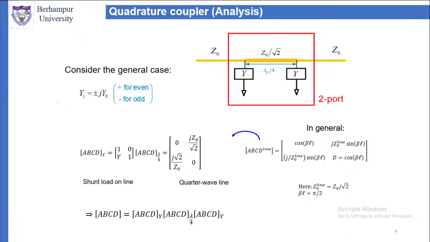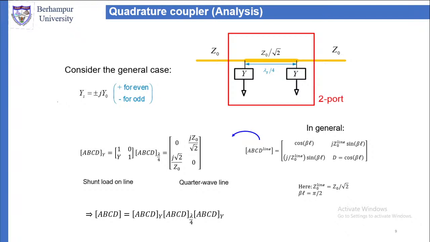So instead of jY0 we can put Ys, and that is point number 1. That is one admittance that we know now.